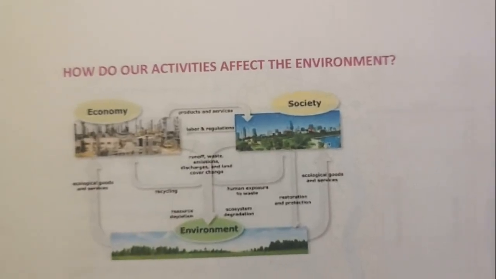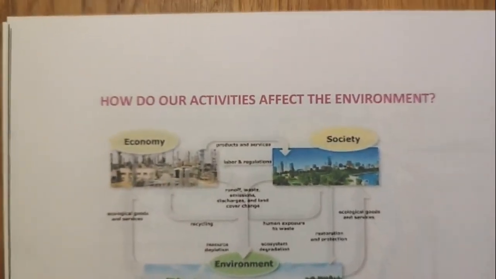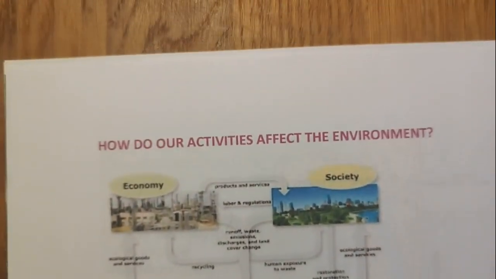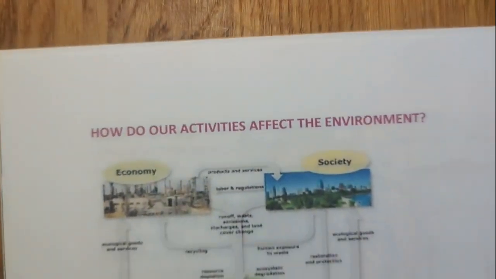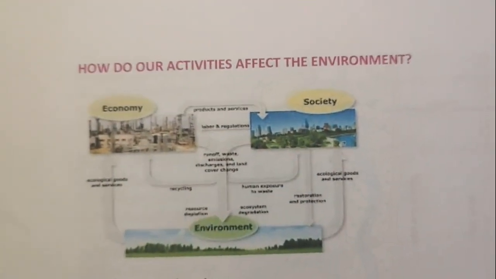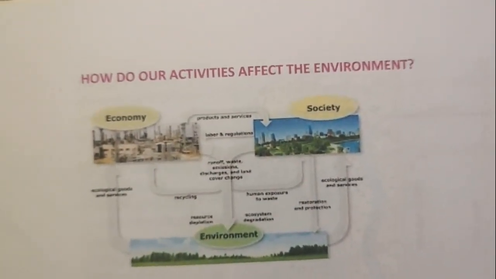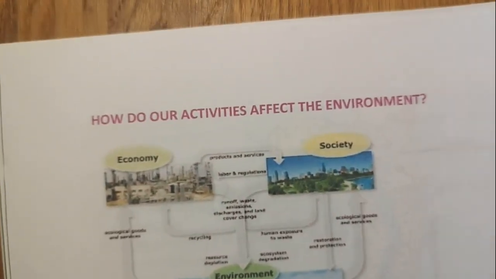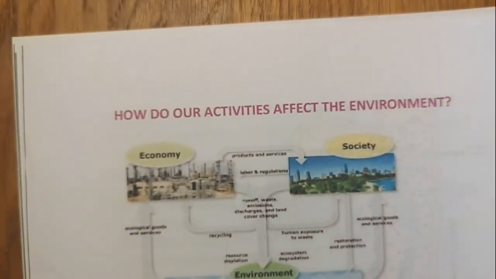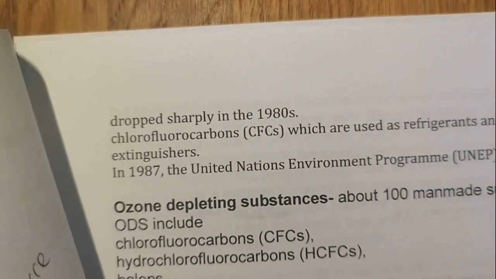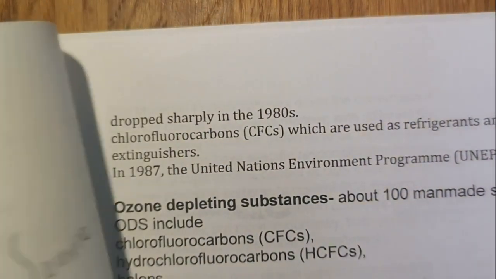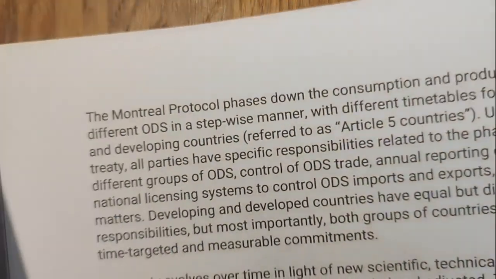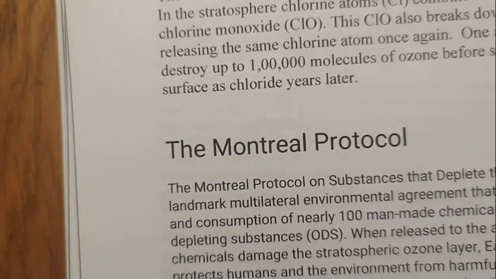So guys, the next topic will be covered in part 3, that is the last part of this chapter. The first part is available on the channel. This is the second one, and I will cover the environmental effects of our activities, including the ozone and its effects, the various regulations available for control of the environment and protection of the ozone layer and global warming, that is the Montreal Protocol.